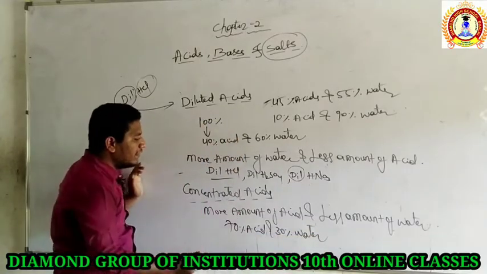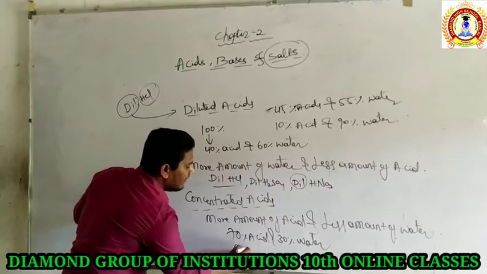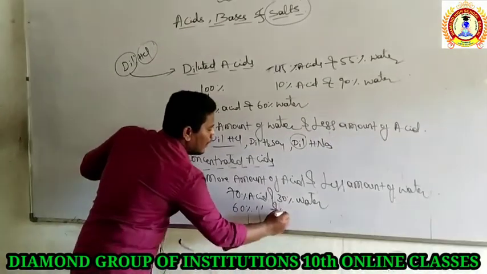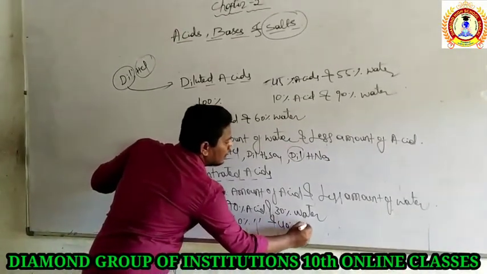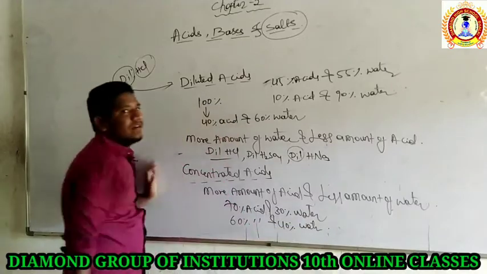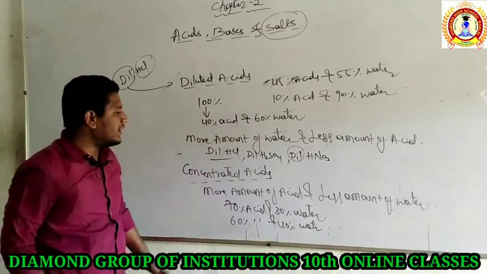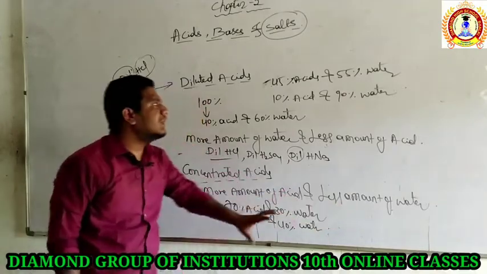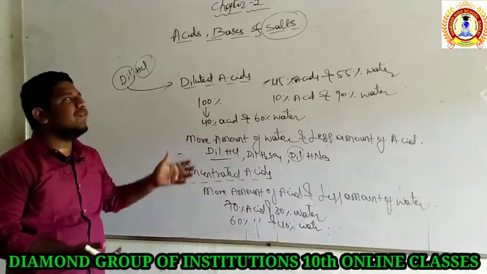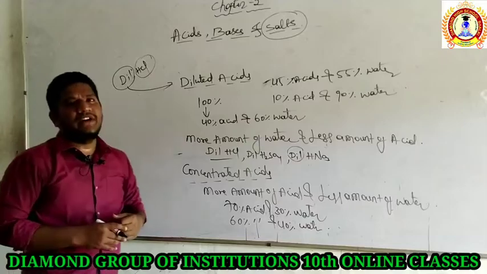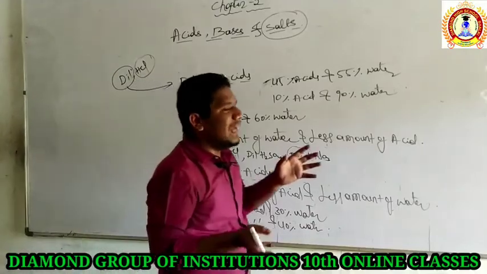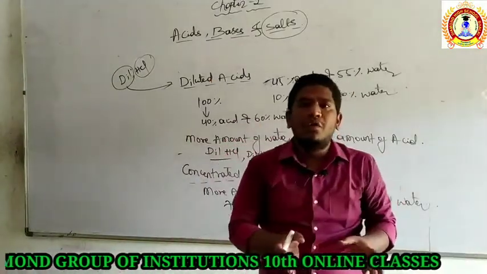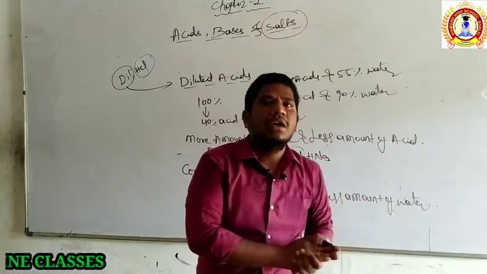It is a concentrated acid. 60% acid and 40% water is also a concentrated acid. In a concentrated acid, there is more acid and less water. Nothing but the reciprocal of the diluted acid is the concentrated acid. In diluted acid, there is more water and less acid.